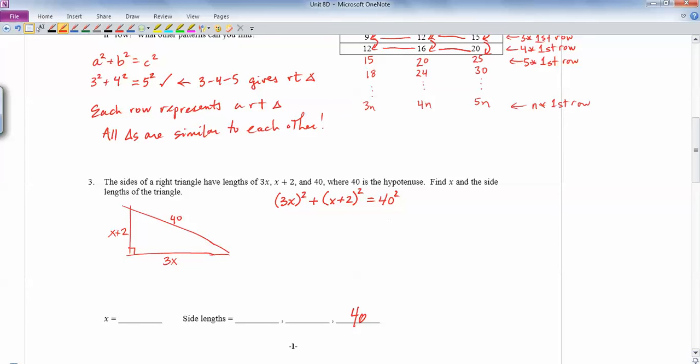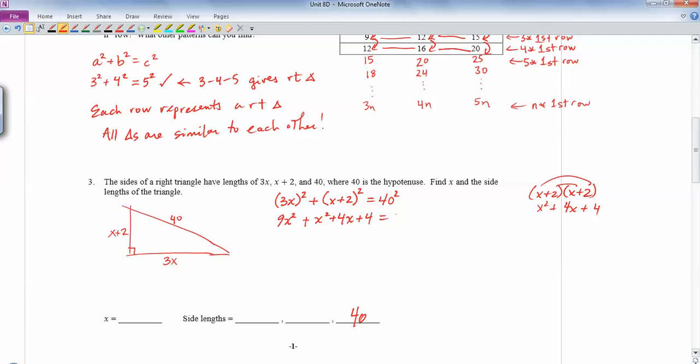So remember, 3x times 3x is 9x squared. And then x plus 2 squared, you have to FOIL it. You can't just say x squared plus 2 squared. If I FOIL that out, I get x squared plus 2x plus another 2x plus 2 times 2 is 4. So x squared plus 4x plus 4.